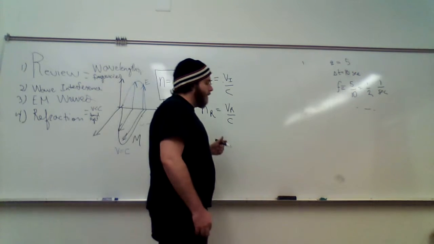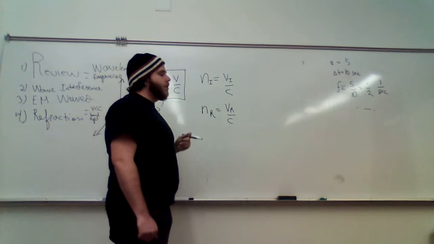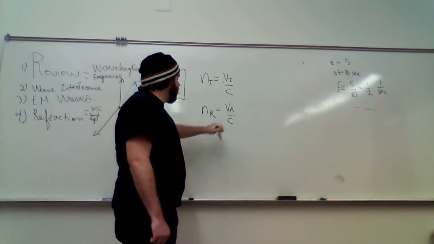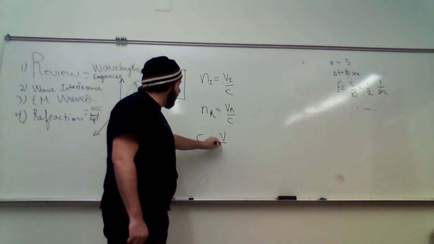So from this, by setting it equal to the speed, c, it's constant on both sides. So we can say c is equal to v over n.